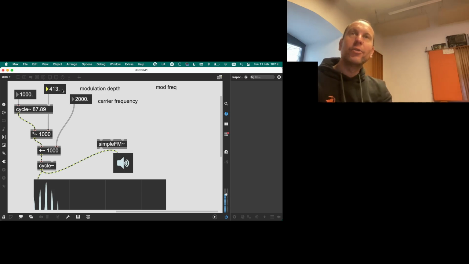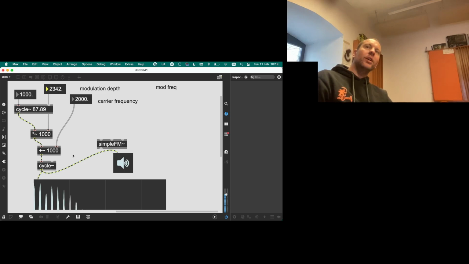Now, if I increase this, then I have actually a really interesting signal, because my fundamental frequency is 2K. I have the octave at 4K, which is the second harmonic.